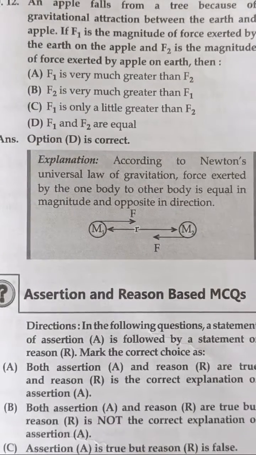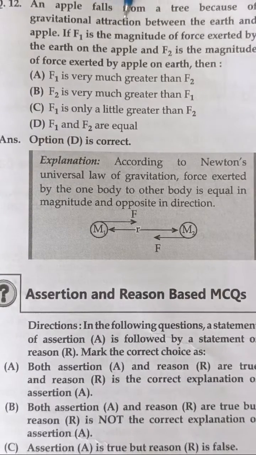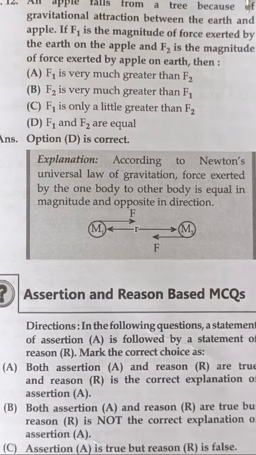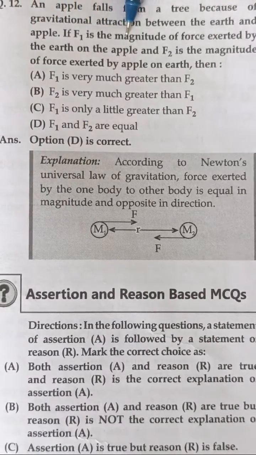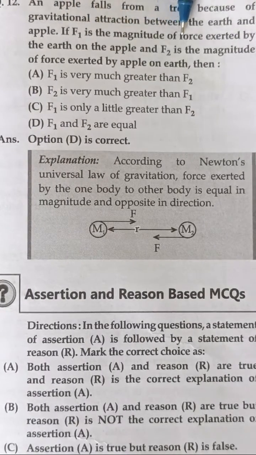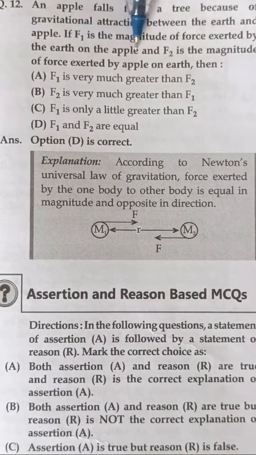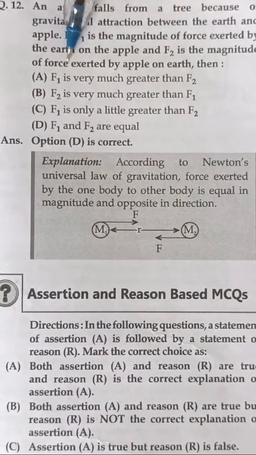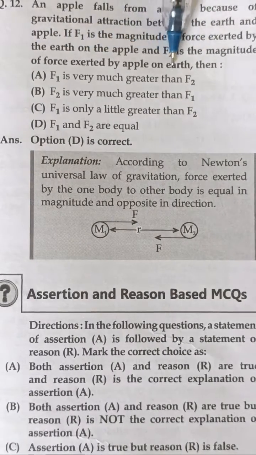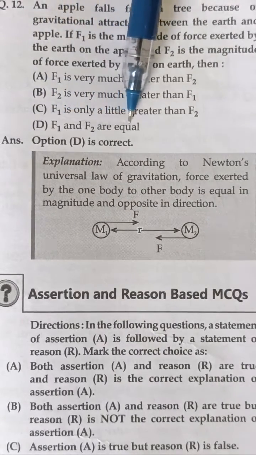An apple falls from a tree because of gravitational attraction between the earth and apple. If F1 is the magnitude of force exerted by the earth on the apple and F2 is the magnitude of force exerted by the apple on the earth, then answer D, F1 and F2 are equal.